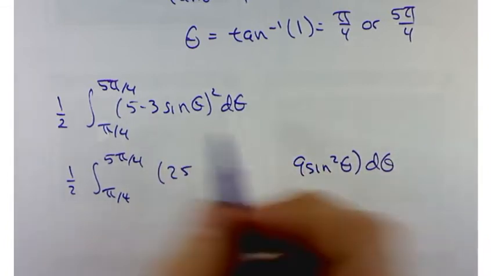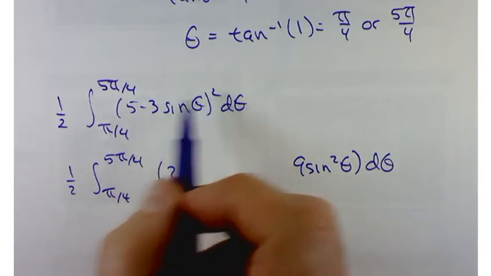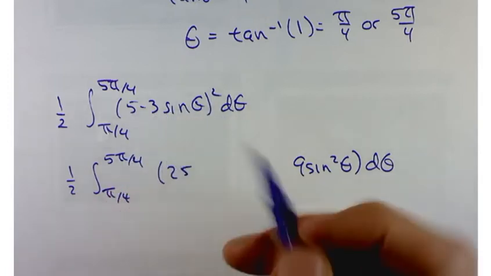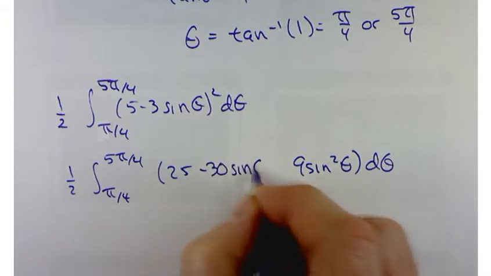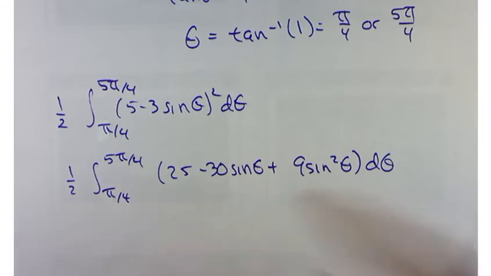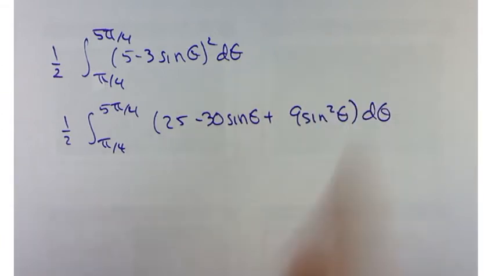The middle term is just going to be twice the product of these things, so I always borrow this 2. 2 times 5 times 3, that's going to be 30, so minus 30 sine of theta. If you're not comfortable with that, just write it off to the side: 5 minus 3 sine of theta times 5 minus 3 sine of theta.